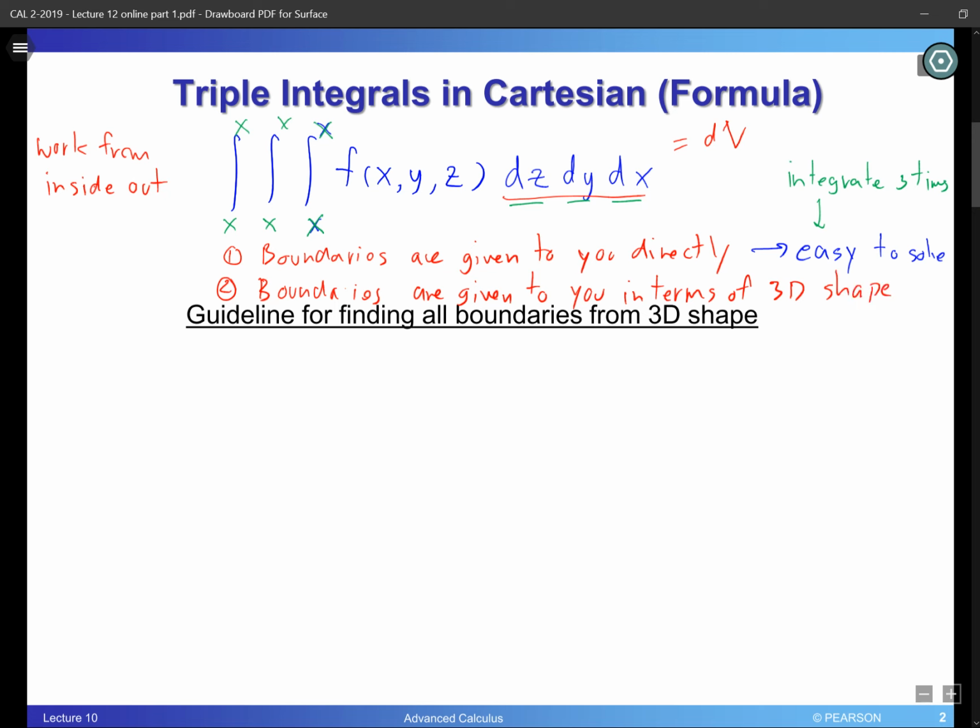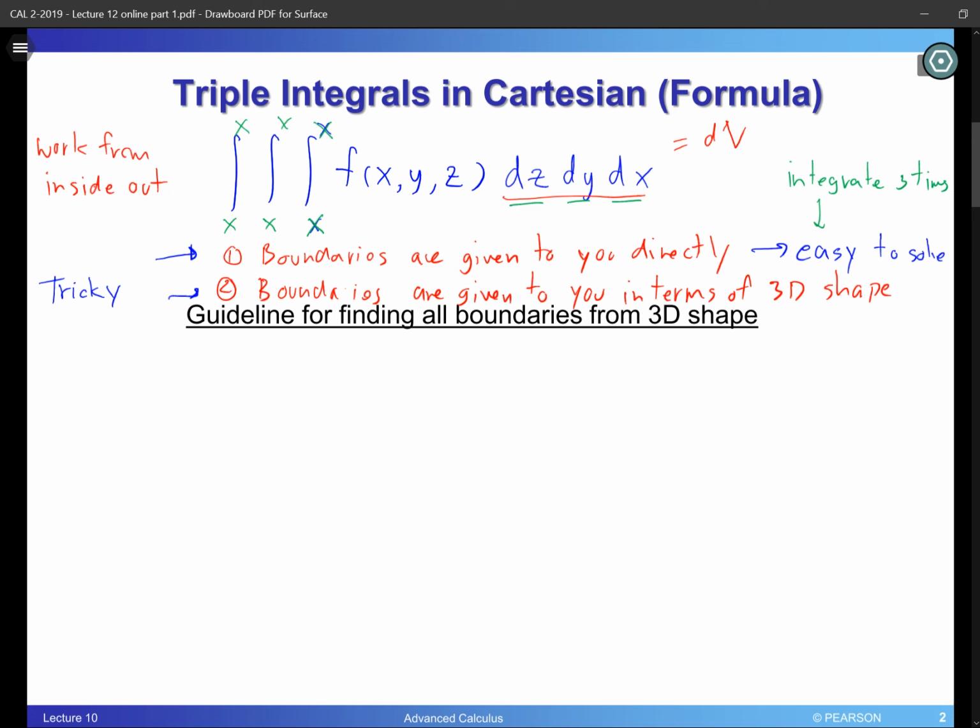Like you see a shape in the space, and then you have to determine all these 6 boundaries by yourself. And I'm not worried about the first scenario. I'm pretty sure that you can perform the integration with not too much difficulty. But the second scenario, it's going to be quite tricky, and it can get confusing really fast.